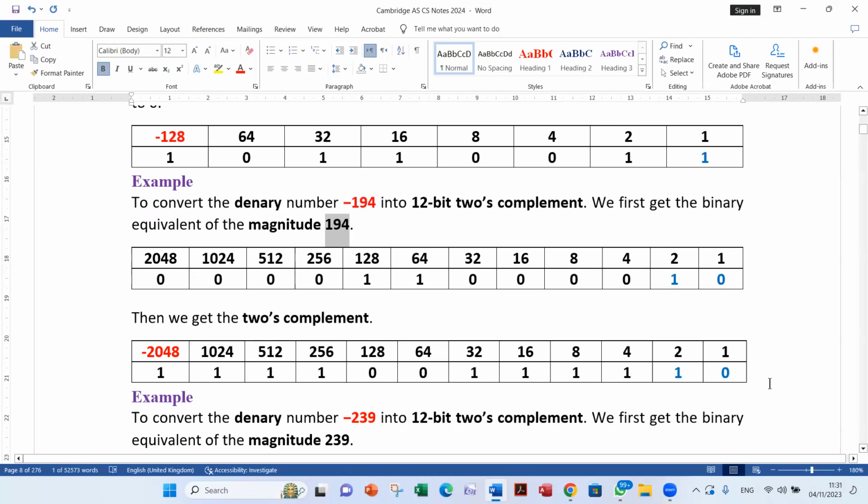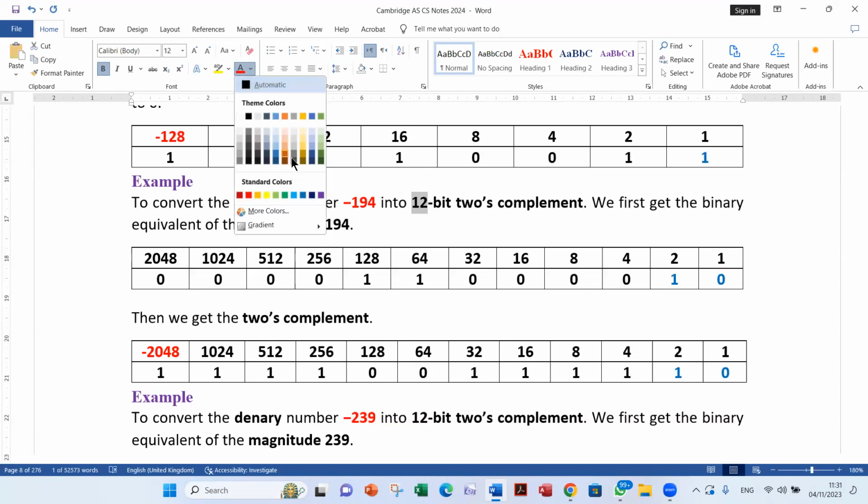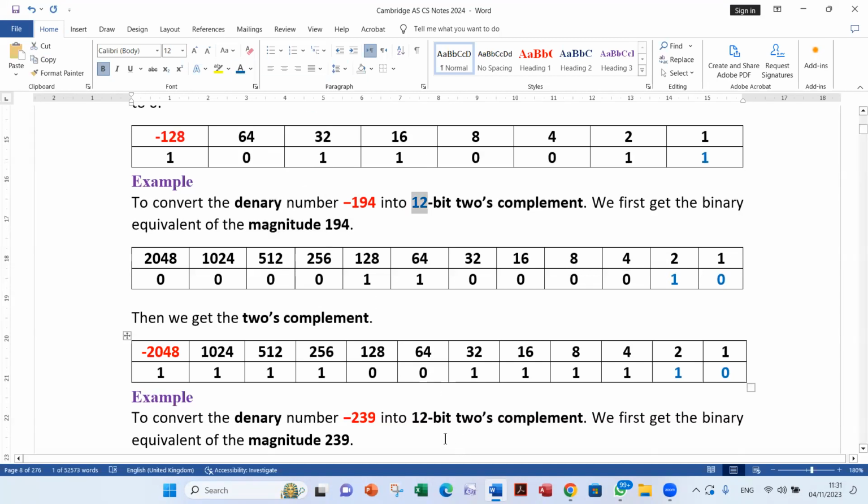However, there is one little thing here. With negative 239 and negative 194, you need 12 bits to complement. It cannot fit in 8 bits. The exam is making it clear for you: you need to deal with 12 bits.